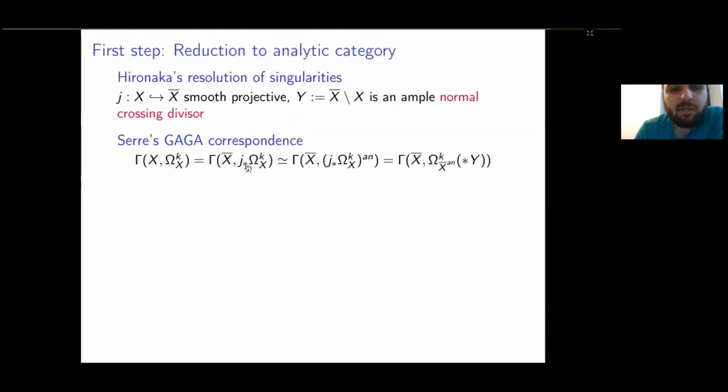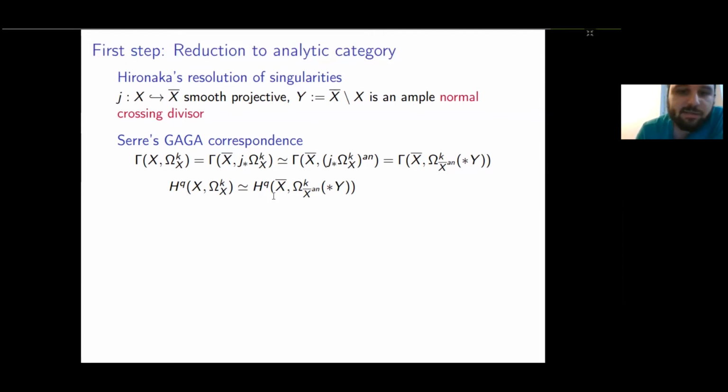Because this is exactly what it means to be an algebraic form defined over X bar minus Y, that's exactly being a rational form with poles along Y. When you translate this to the analytic setup, you will get a meromorphic form with poles along Y. So we have this isomorphism given by Serre GAGA correspondence, and in fact we have the same isomorphism for each cohomology group, not just the zero one, but for all of them.